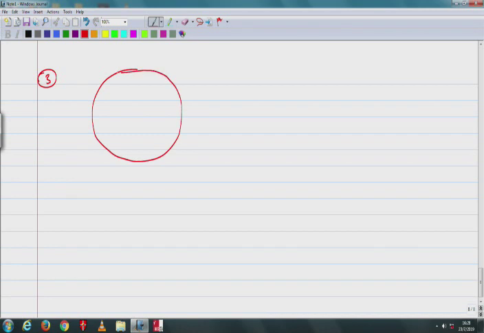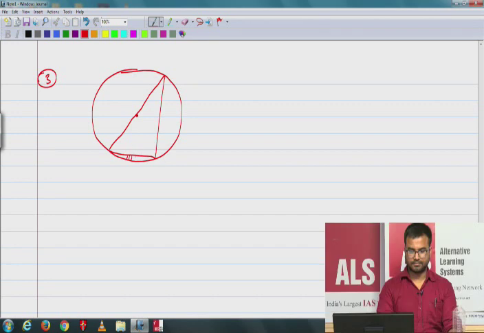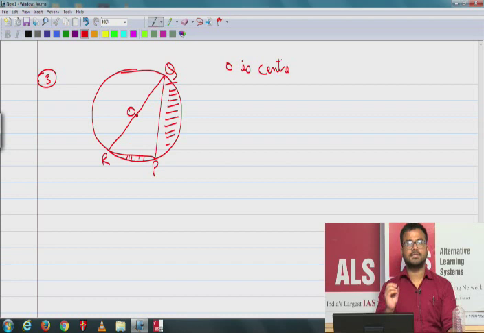The diagram is like this. There is a circle. Here O is the center of the circle, and triangle PQR you can see.